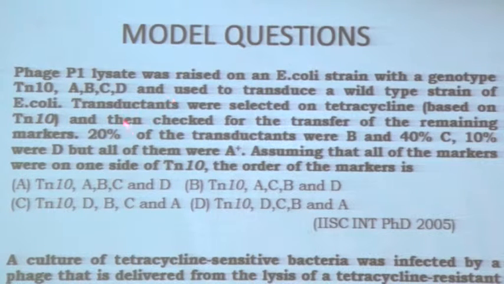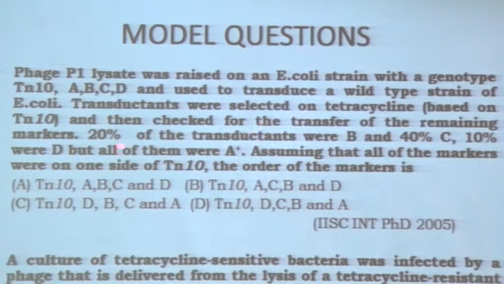So all the transductants which will be screened, that will be on the basis of the tetracycline resistance, and then they are checked for the transfer of the remaining markers, that is A, B, C and D. Right? Are you getting the question? Okay. Now, they are checked for the transfer of the remaining markers.